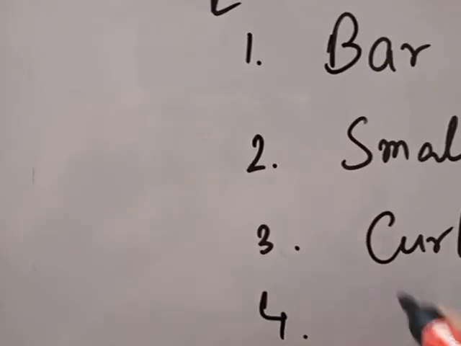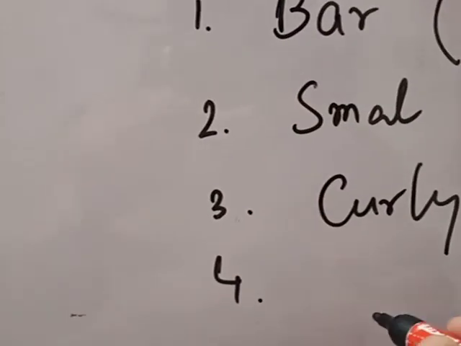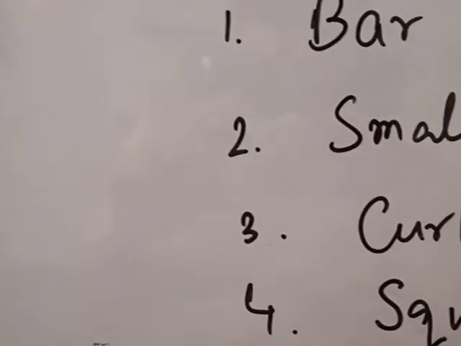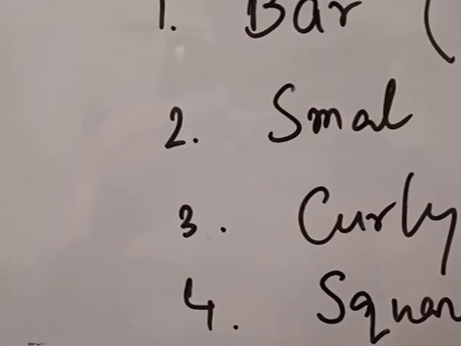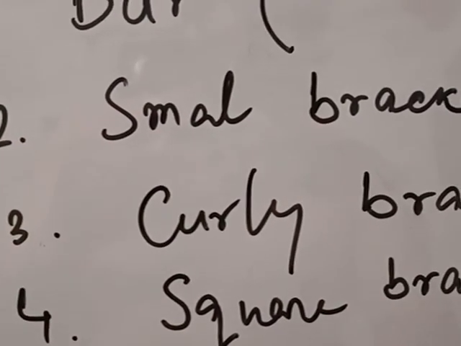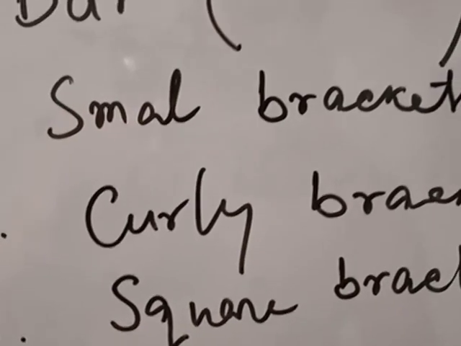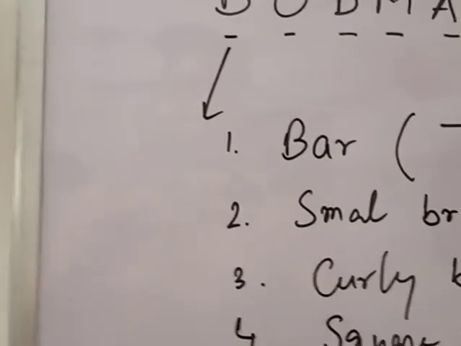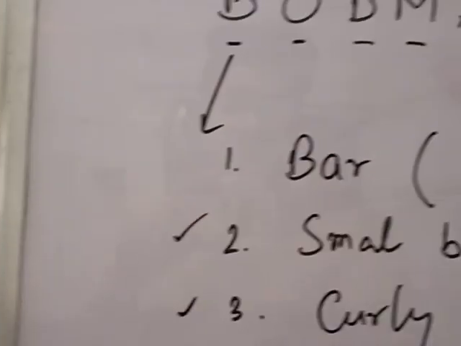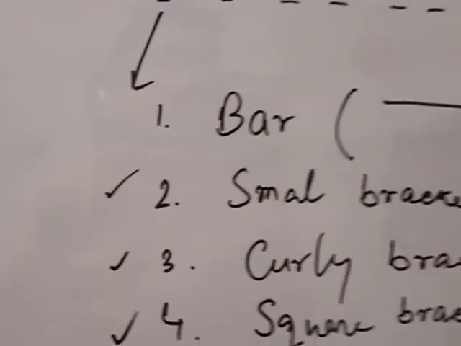And next one is the square bracket. We also call this bracket number 3. See that this is the first bracket, this is the second bracket, and this is the third bracket.